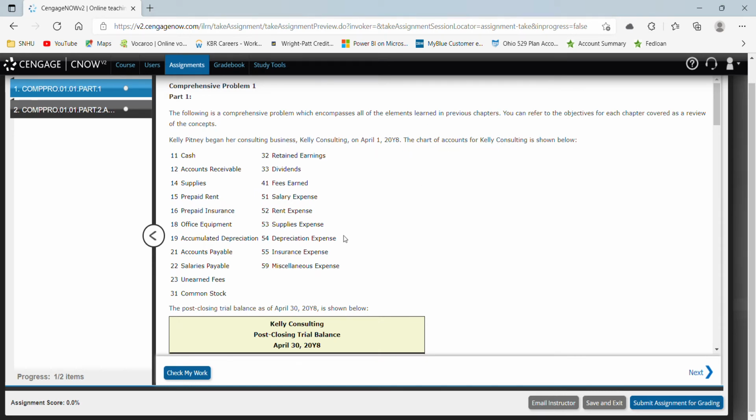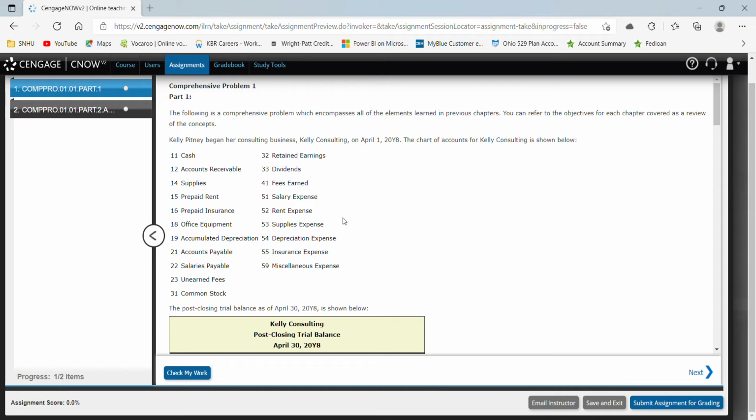it's shown right here. One thing about the chart of accounts is that you don't have to get creative. As accountants, we're not paid to be creative. So if a chart of accounts is given, then you'll want to stick to that chart of accounts and record everything exactly as it's presented.